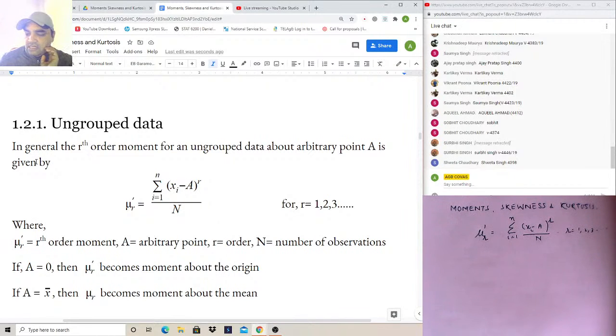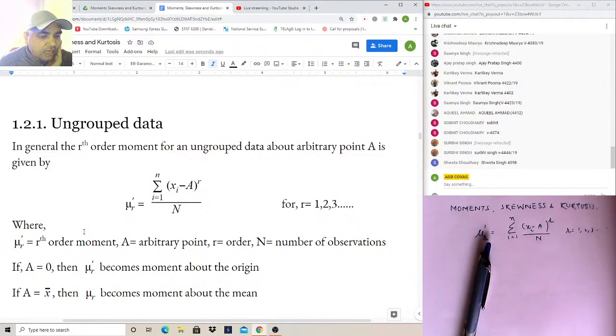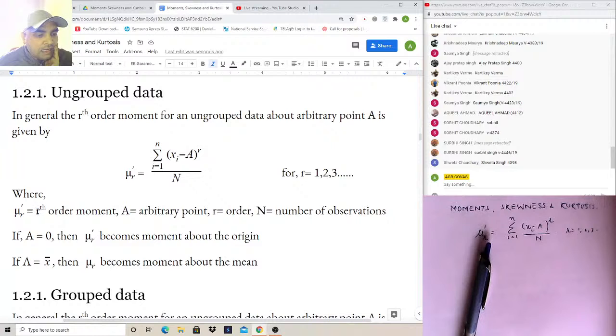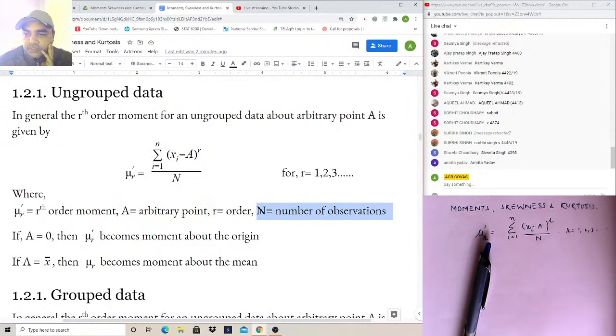This is the moment about any arbitrary point. Here mu r is the rth order moment, A is the arbitrary point, r is the order, and n is the number of observations.